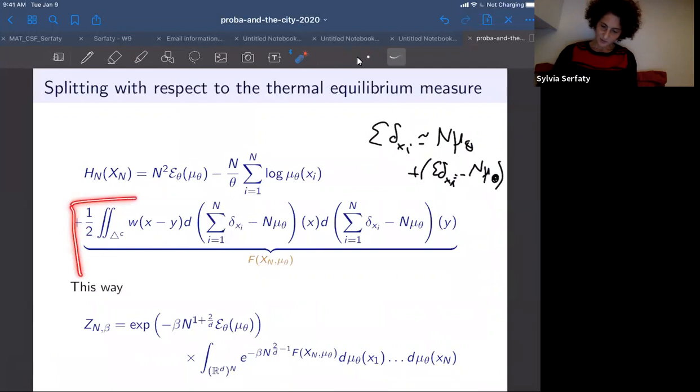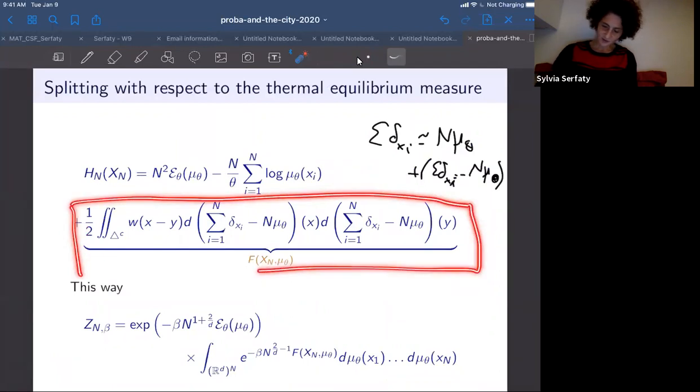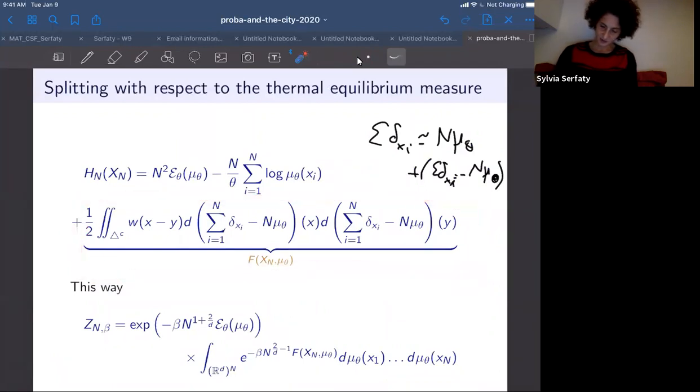And so now what's important for us is this next order energy, which we call F. So Xn is a configuration of points, right? Capital Xn, it's X1 to Xn. And mu theta is the background now, that becomes the neutralizing charge. And here you have the total Coulomb interaction of the system formed by the Diracs and the neutralizing charge mu theta.